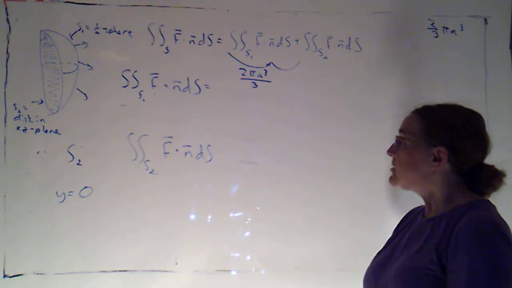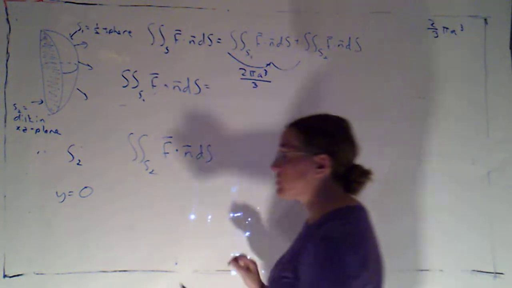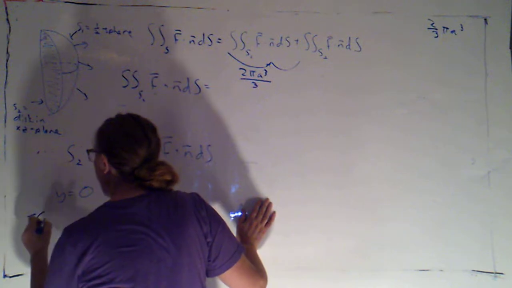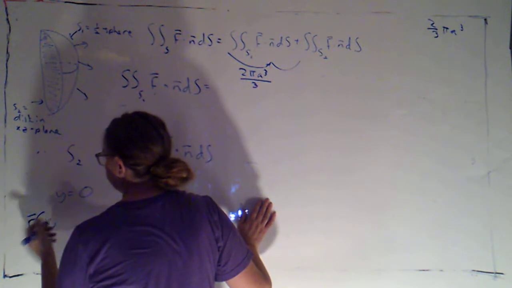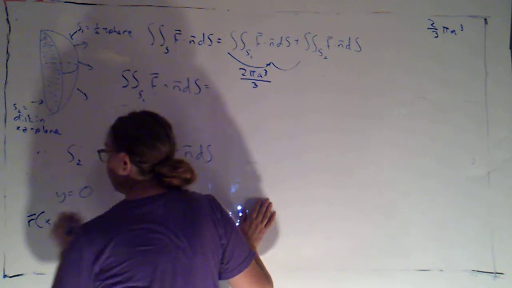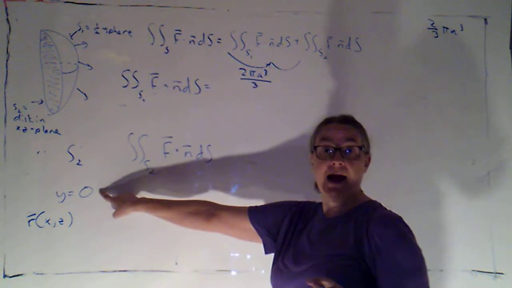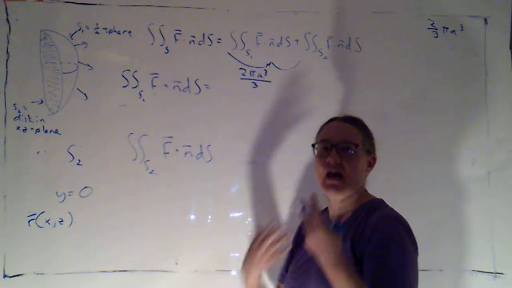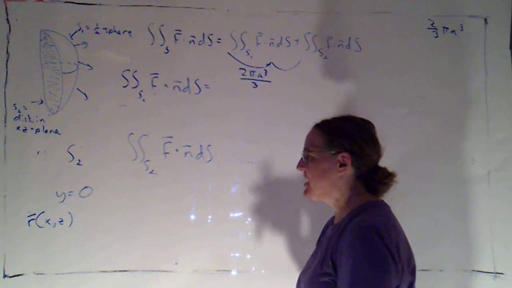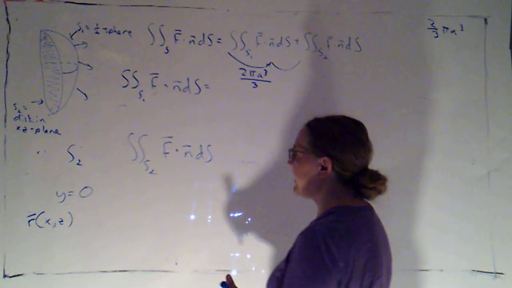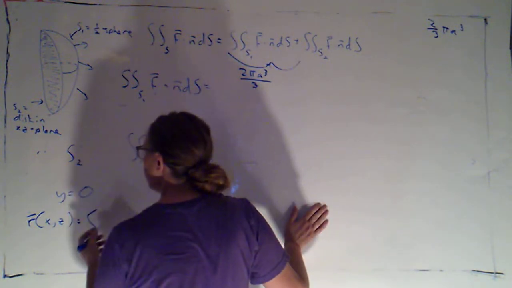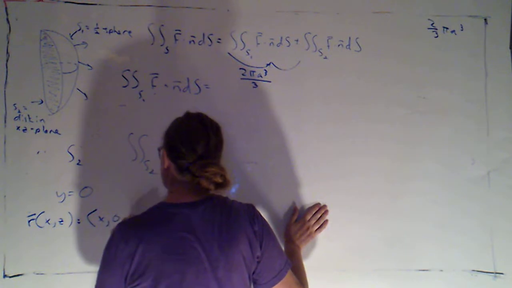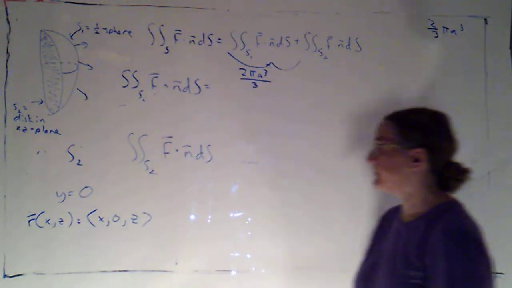So I can actually parameterize this as r of, I'm just going to use x and z as my parameters, because y is a function of x and z. It just happens to be a constant function. So r of x, z would be (x, 0, z).